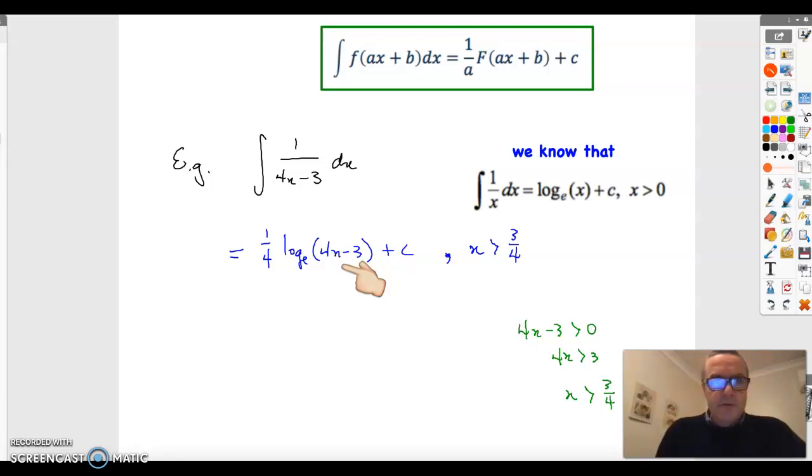If 4x minus 3 is greater than 0, it would follow that x has to be greater than 3/4. So that's the condition for this integral, that it works for values of x that are greater than 3/4. And you can see down here, if 4x minus 3 is greater than 0, x must be greater than 3/4.